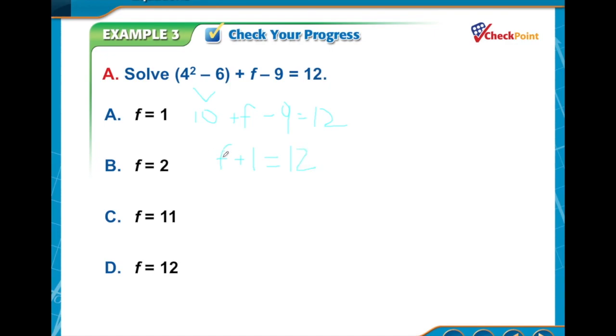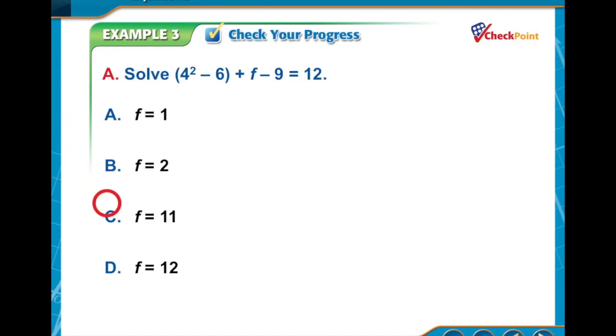And if our variable plus 1 equals 12, well, what does this number have to be for this to be true? Well, if you're not sure, you can subtract 1 from both sides. So if you took away 1 from both sides, you would get f on the left. And f would be equal to 12 minus 1, which is 11. So of these choices, our answer should be C. The variable f has to equal 11 in this equation.